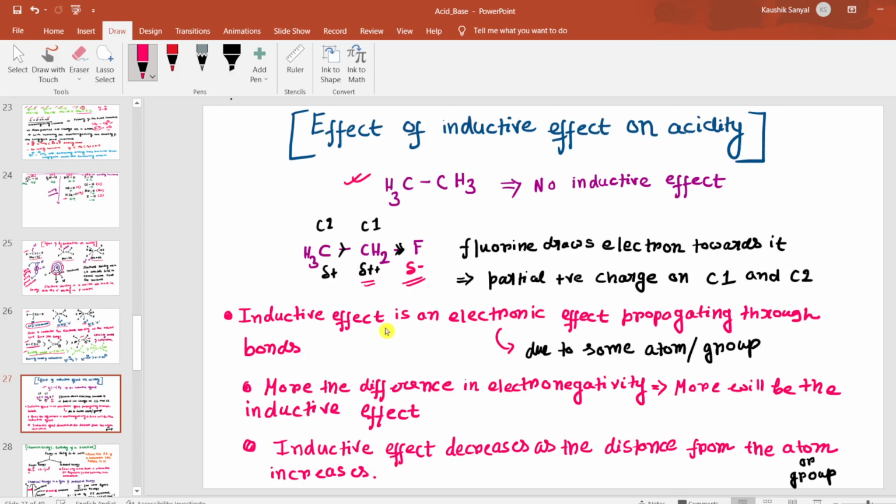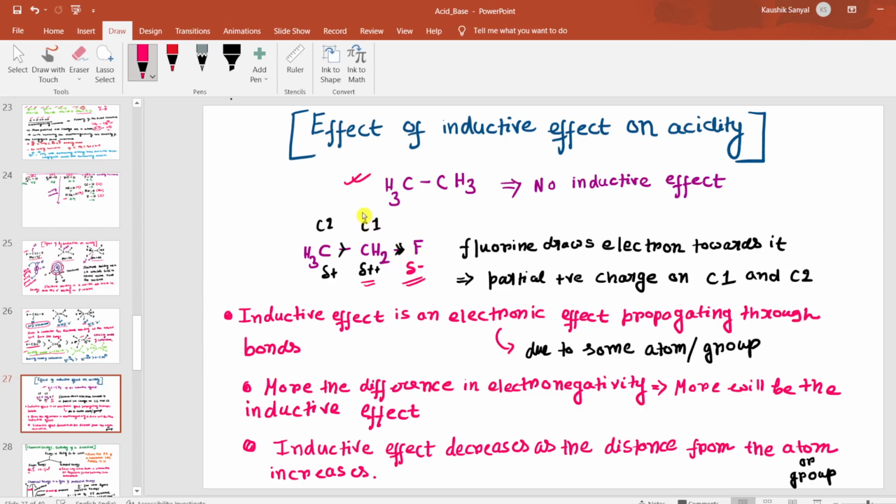So this inductive effect is a type of electronic effect that propagates through the bonds. As you can see, the inductive effect propagates through the bond, and it depends upon the difference in electronegativity as well as the distance between the two atoms.